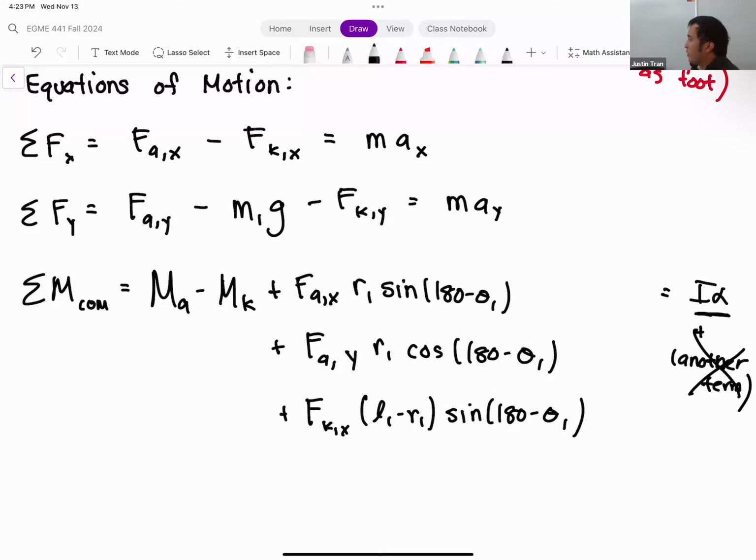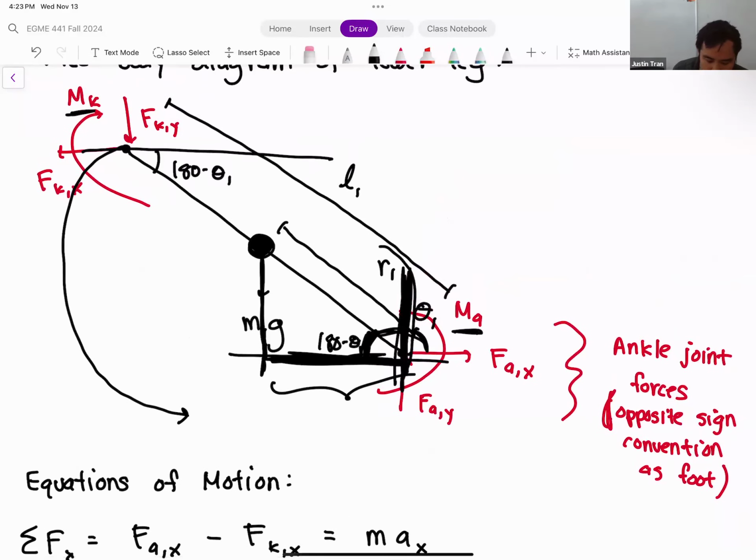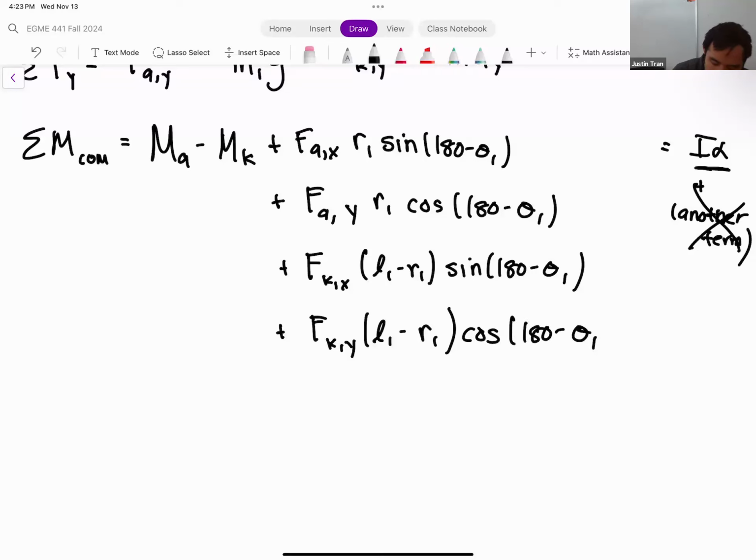Exactly. Yeah, except for the point moments. Yep. So using that logic and knowing that all of these forces are going to contribute to the moment in the same direction, we know the last part here is going to be a positive. FKY times L1 minus R1. Okay. And we're going to take a cosine of 180 minus theta 1. Okay.